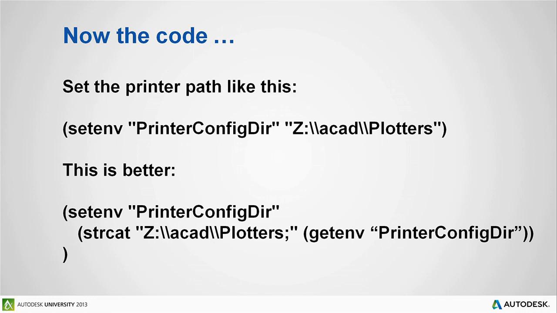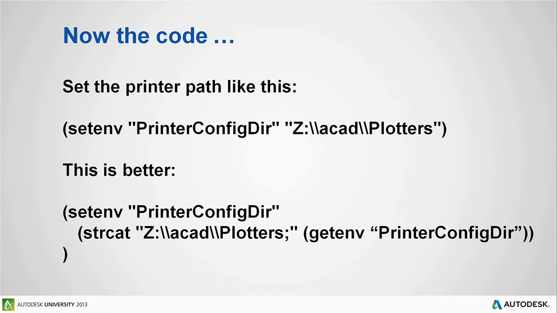So a better solution would be to do something like the second example. What I'm doing here is setting the printer config dir key to z:\AutoCAD plotters semicolon. Semicolon's key because we're going to add several paths together here.